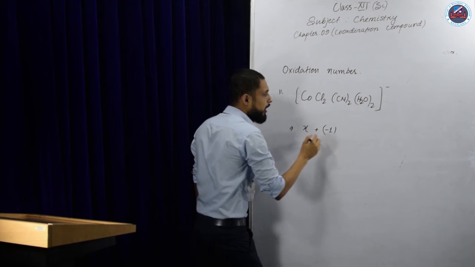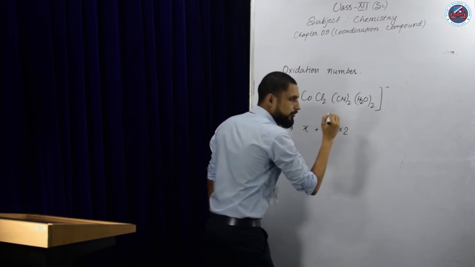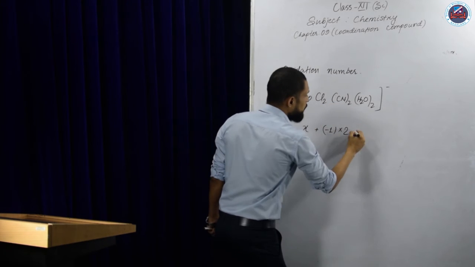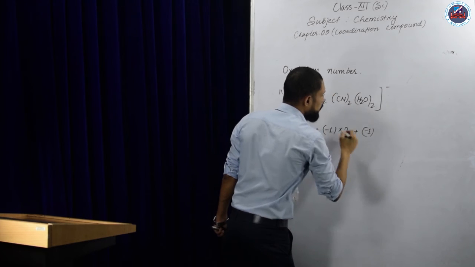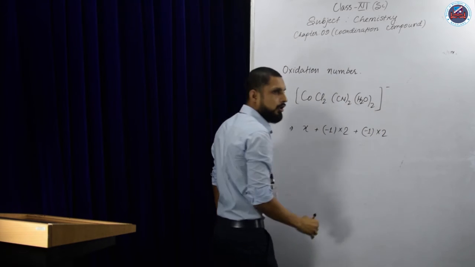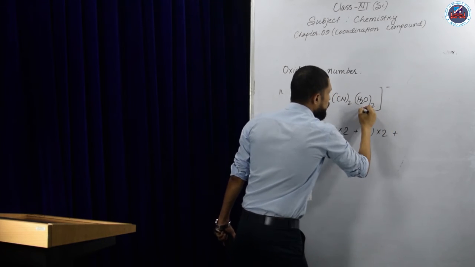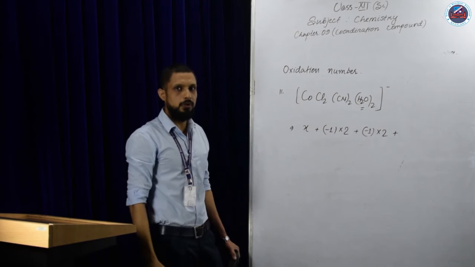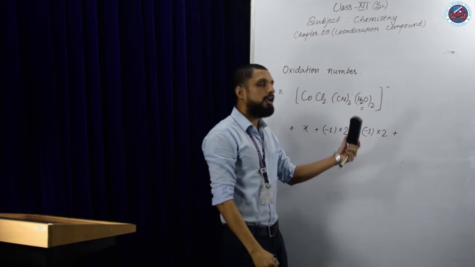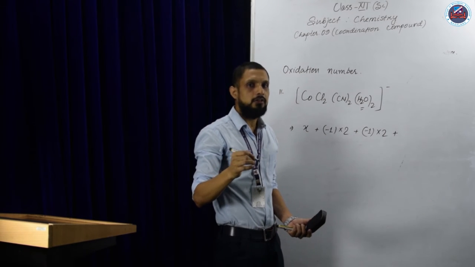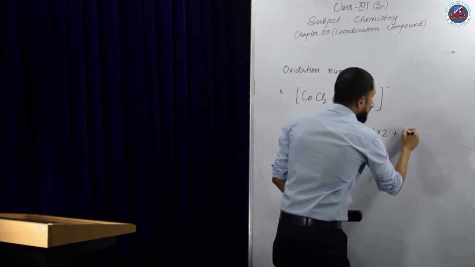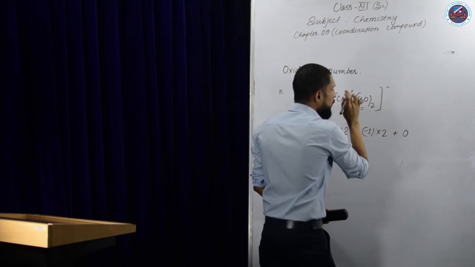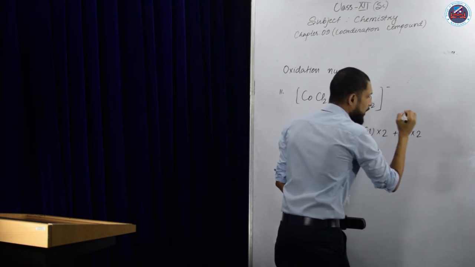You have 2 Cl, so -1 multiplied by 2. Next you have CN, the charge carried by CN is -1. Since you have 2 CN, multiply this by 2. Plus H2O. Now if you check the table, you'll find H2O is a neutral ligand, so the charge carried by H2O is 0. You have 2 H2O, so 0 multiplied by 2.